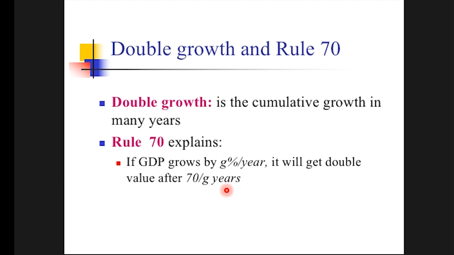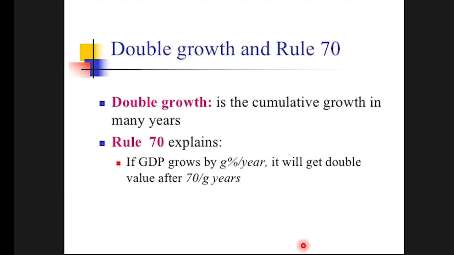So if we have a GDP growth rate of 7% per year, GDP will double after 10 years.